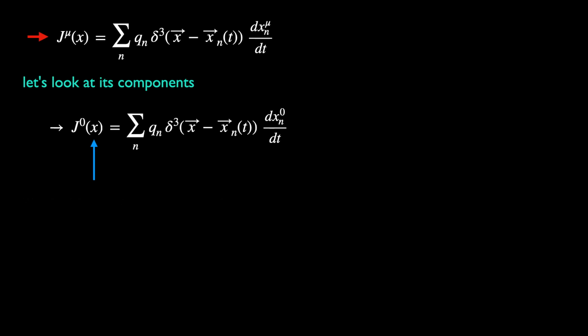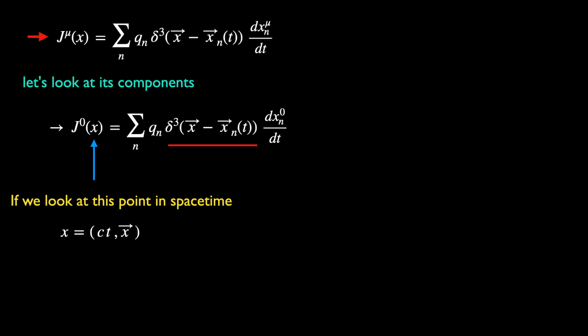If we measure J0 at point x in spacetime, this delta function is non-zero only if a particle happens to be located at the spatial location x at time t. This means J0 of x is non-zero when there is a particle at x and is zero where there are no particles. It is therefore similar to the particle number density, or more accurately, the charge density.